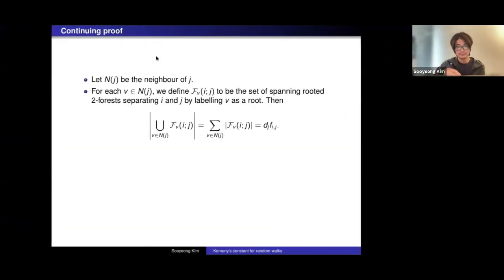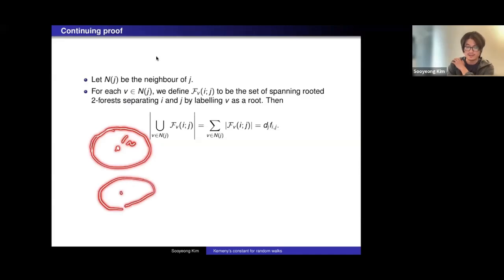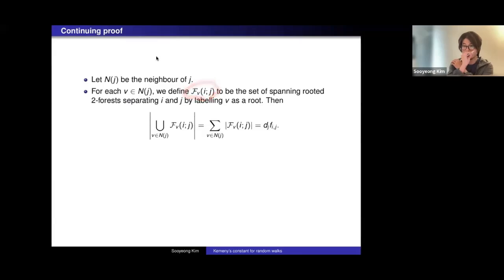And I'm going to use the notation F_v(i,j) as the set of spanning rooted two-forests separating i and j, labeling v as root. Which means you have two spanning forests, one contains i, the other contains j, and there must be some vertex v here or here. If it's here, we assign this vertex as the root. That's what the notation means.